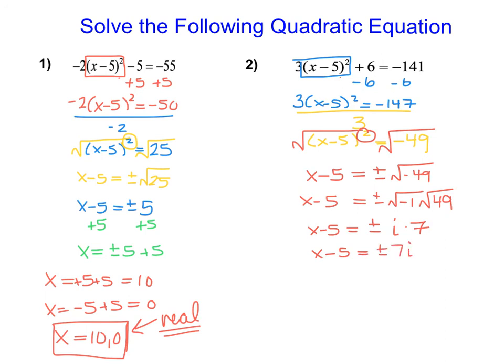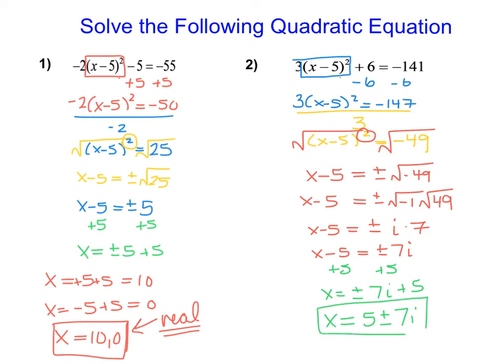And then we need to get x by itself, so we add 5 to each side. So we end up with x equals plus or minus 7i plus 5. But remember, the best way to write your complex imaginary solutions is with the real part first. So we have x equals 5 plus or minus 7i.